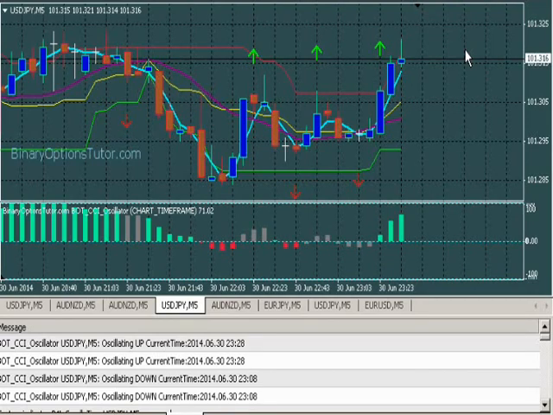BinaryOptionsTutor.com. I'm here today to share a simple and a sexy little mod to our strategy that we released about a month ago. We call it the drift shifter strategy.